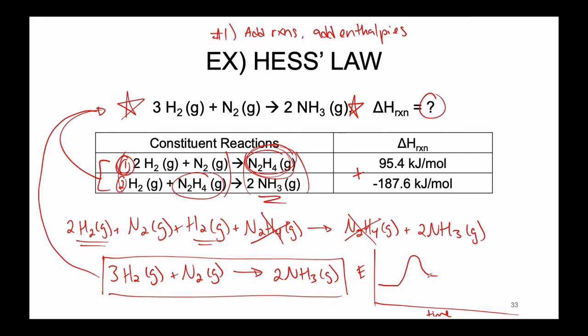Energy level is going to be higher than that of the first set of reactants. Right, here's our 2 H2s and our N2 coming together. This gives us our N2H4.